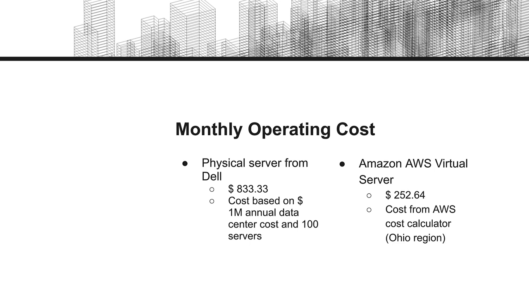The price would be higher for a Windows operating system, probably both for the physical server, only a little bit. Well, you would have to buy user CALs. Anyway, I used Linux for both of them as a comparison. So even if my monthly operating cost is way off, you can see that the cloud is very competitive in terms of the monthly operating cost.